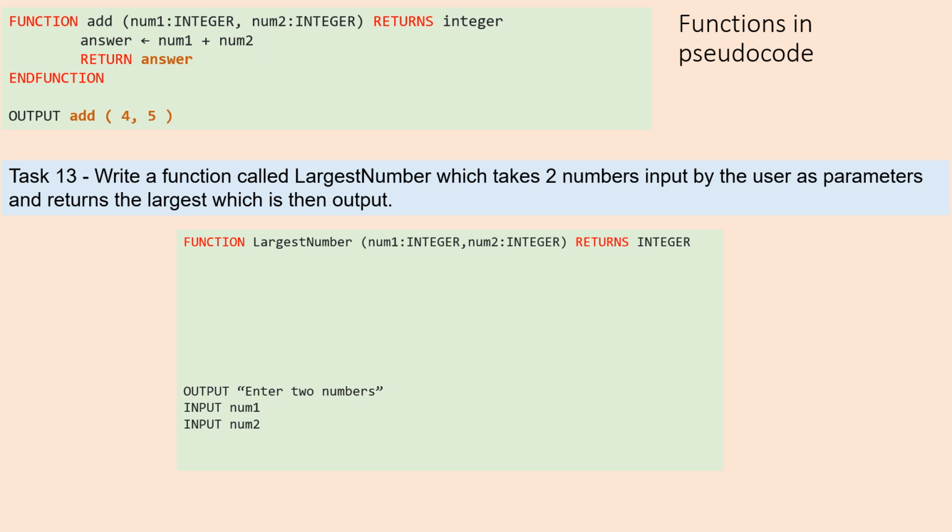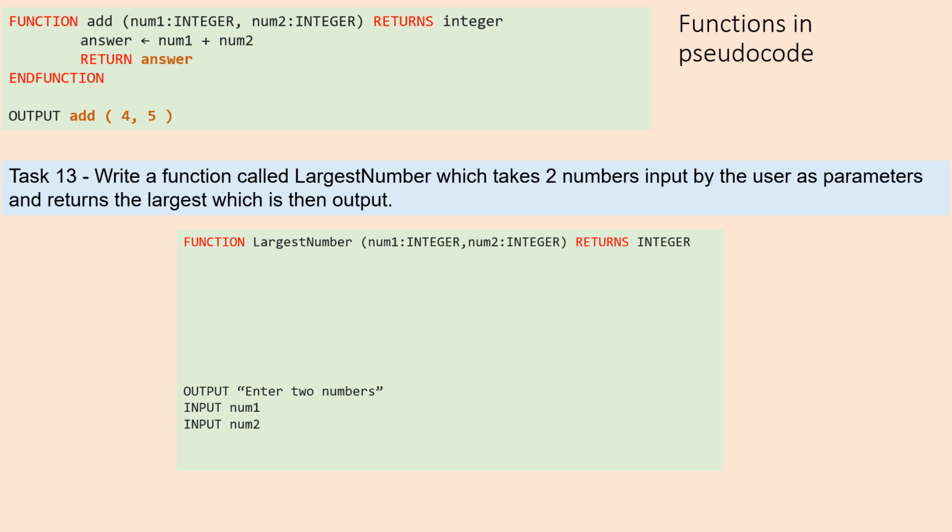What we can do now is create our function definition. It's a function called largest number, and then in brackets we've got our two numbers. It doesn't tell us whether they're integers or not in the question, so I'm just going to assume they're integers. So num1 is an integer, num2 is an integer, and we're going to return an integer as well.